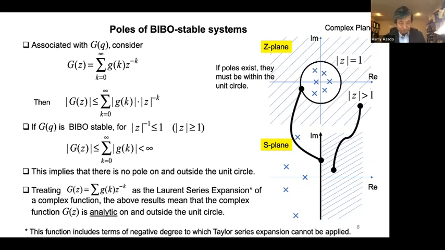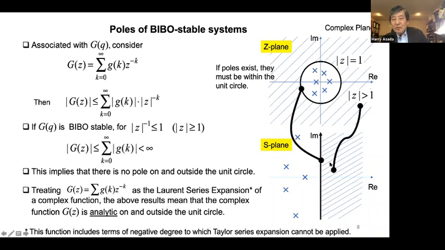Now, BIBO stable systems have nice properties, and at this time we use a little bit of complex function properties. Now, perhaps before going there, maybe I should point out the relationship between discrete time versus continuous time frequency domain.